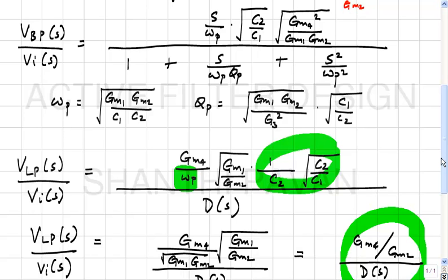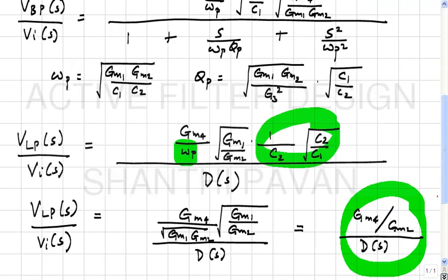For example, here you see that GM4 by GM2, you can choose it to have whatever DC gain you want. The poles, the pole positions still remain the same independent of GM4.